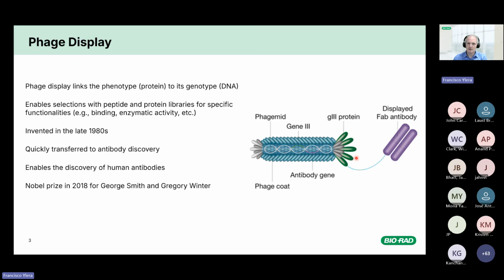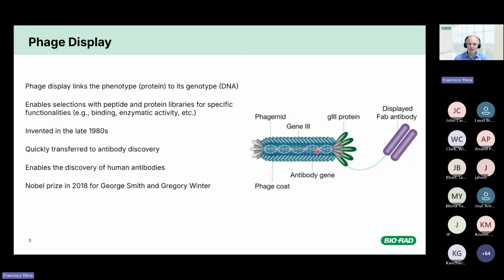And then the DNA is packaged inside the phage coat. And so we have this linkage between the protein and the DNA, and this allows to select for proteins and peptides with specific functionalities, for example, binding to antigens or enzymatic activity and so on.